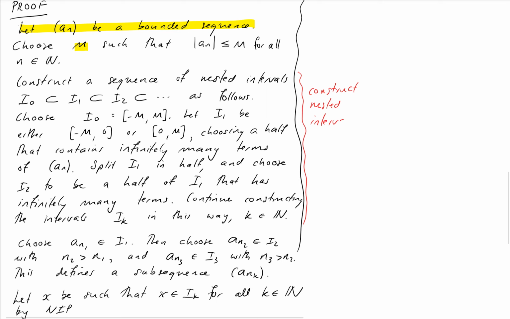And we did that in such a way that we always have infinitely many terms in each piece of the intervals. Okay, and we use those intervals to construct a subsequence of our original sequence, and then we have a candidate limit that we are going to show that our subsequence converges to.